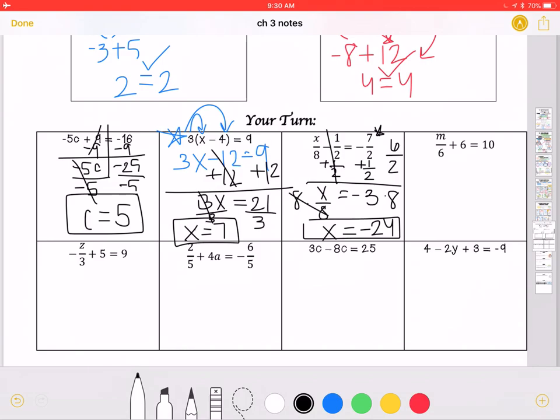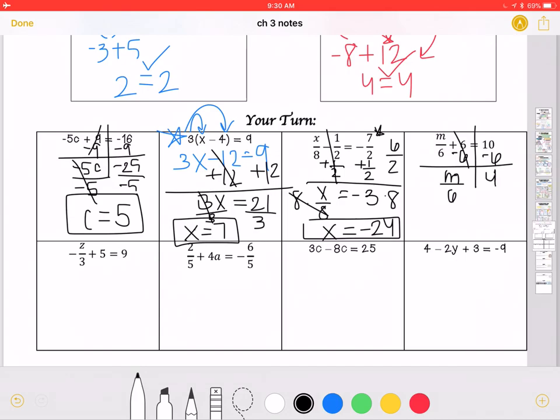And the last one in this row, right? m right now is being divided by 6, but also added by 6. Get rid of that addition. So I'm going to subtract 6 on both sides here. I'm left with m over 6. And then subtract 6 from 10. That gives me 4.